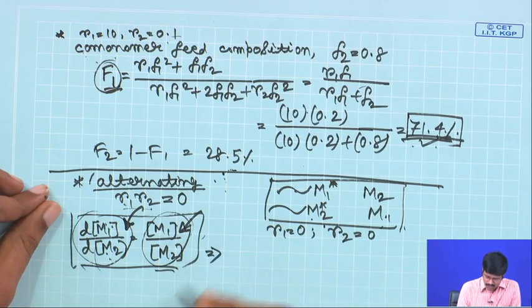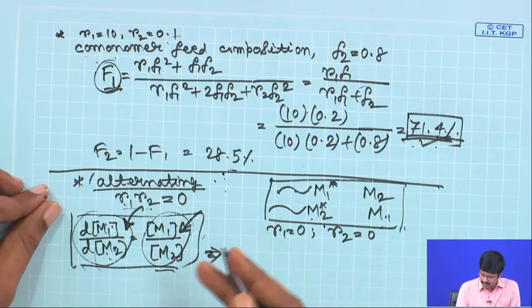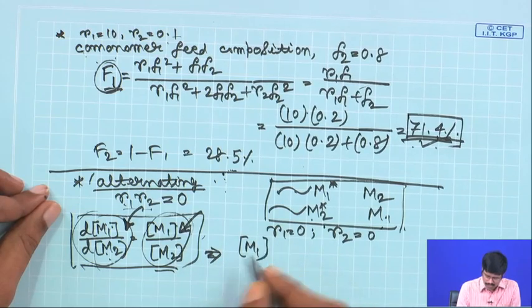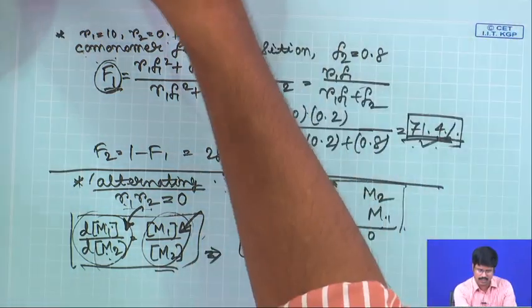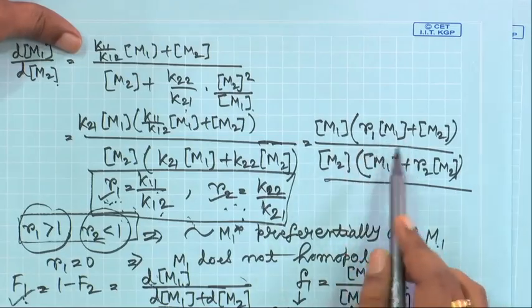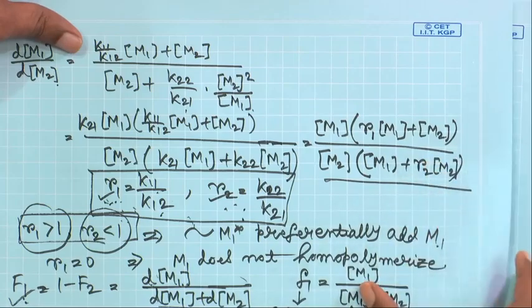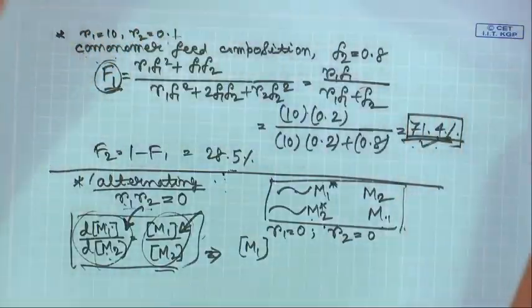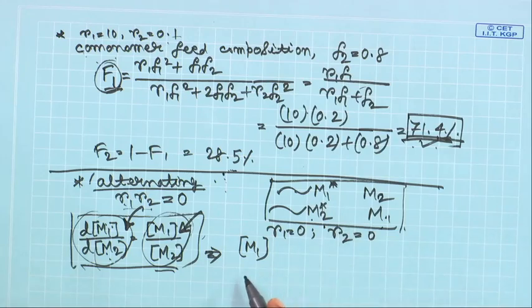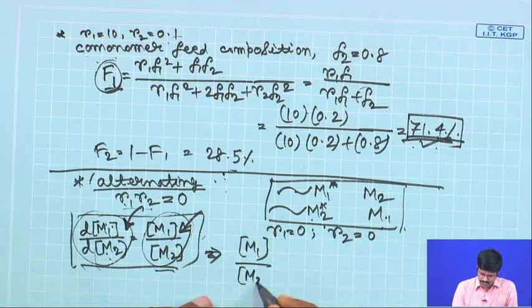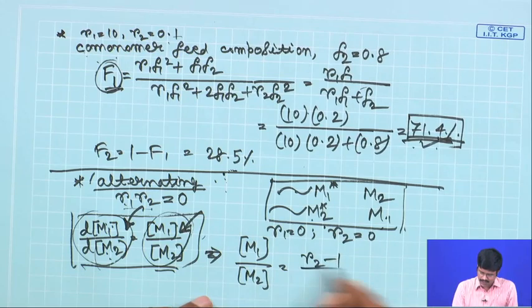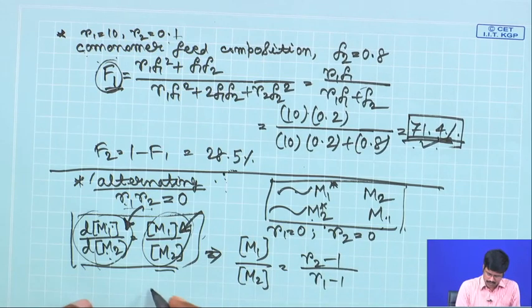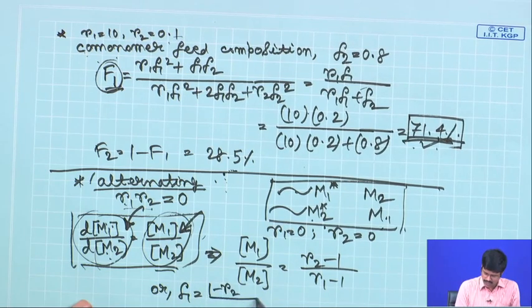If you elaborate on it, you have the expression for dM1 divided by dM2 that I had drawn somewhere here, and you equate this expression to M1 divided by M2. Then you will get M1 divided by M2 equals (r2 minus 1) divided by (r1 minus 1), or f1 equals (1 minus r2) divided by (2 minus r1 minus r2). This you can derive separately.